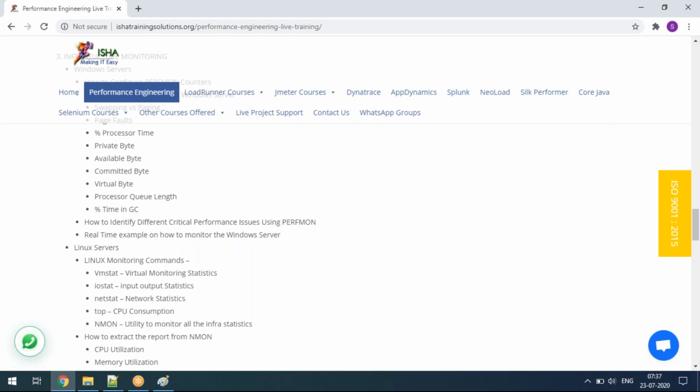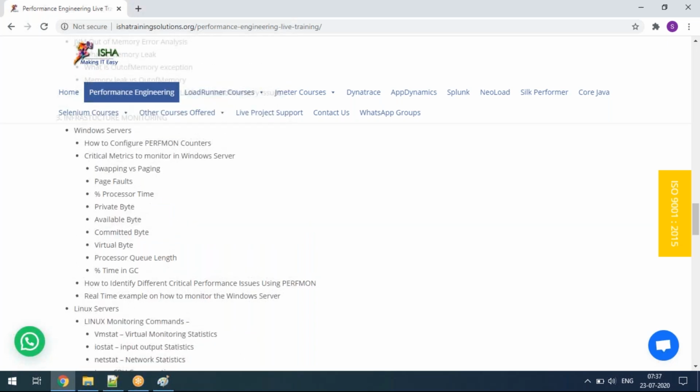Nmon is a utility, guys. We'll run the nmon utility on our Linux machine, and then collect a metric that will be exported into Excel format also. I'll show those examples when we go through our regular course journey.